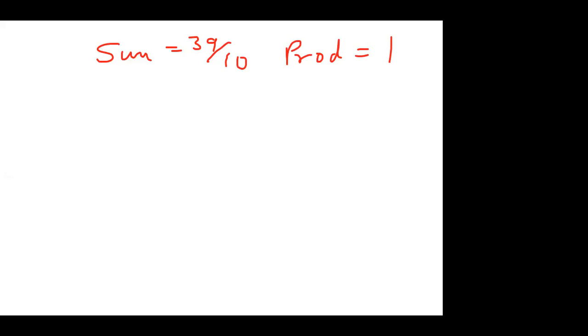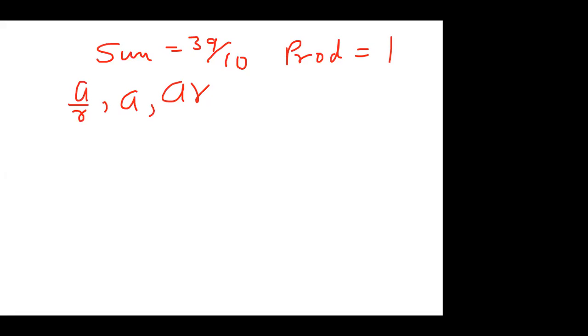I've told you in the previous class, whenever a question gives the sum and product, then for the three missing terms we have to take A upon R, A, AR. These are the three missing terms when the sum and product are given for three terms. So let us solve.